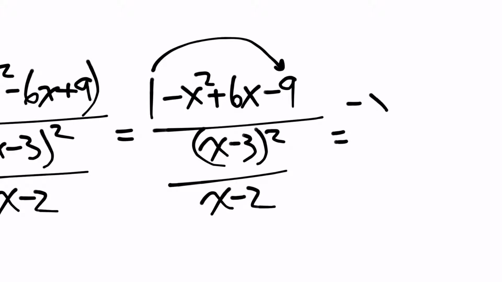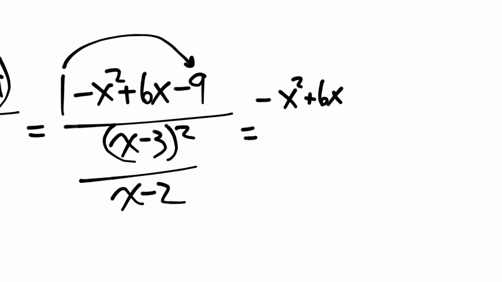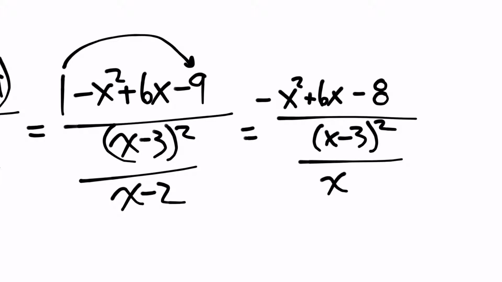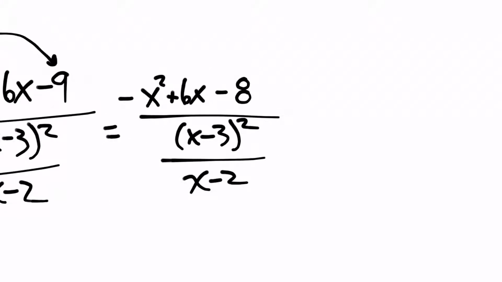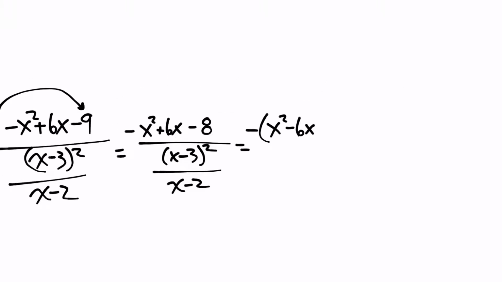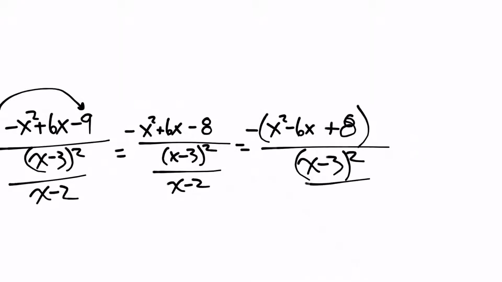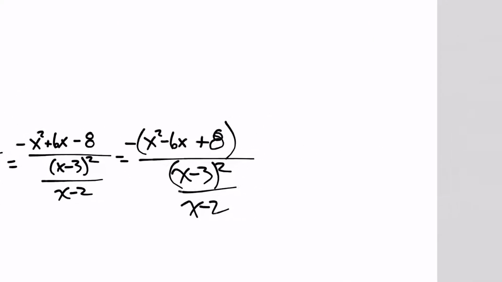So we have negative x squared plus 6x minus 8 divided by (x minus 3) squared over x minus 2. And now let's factor the numerator. Pull that negative out. Negative (x squared minus 6x plus 8) divided by our (x minus 3) squared over our x minus 2.